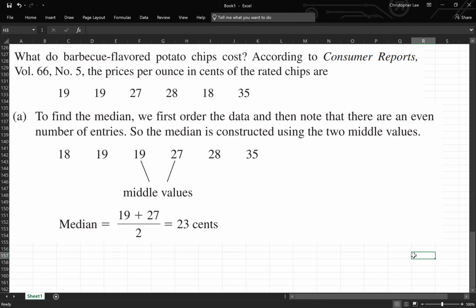We take the 19 and the 27, add them together, then divide by two, and we get 23. That's simple. This is for an even set of data. If it was odd, it's just the middle number and that's it. Questions on this? Makes sense? All right, you guys okay too? Make sense? Yes? All right.